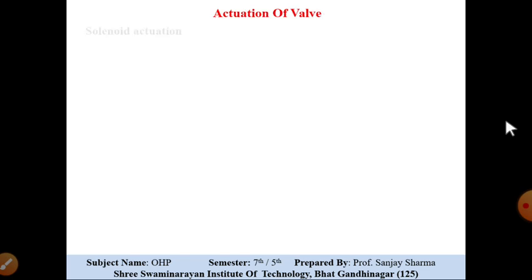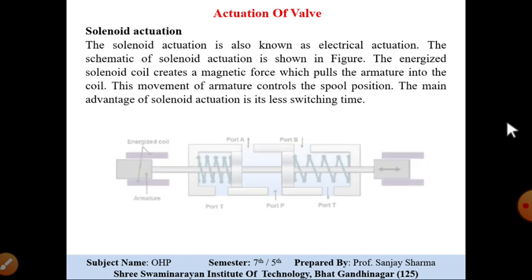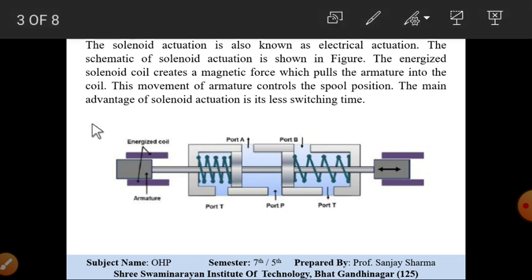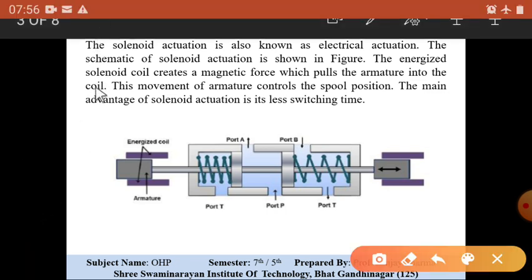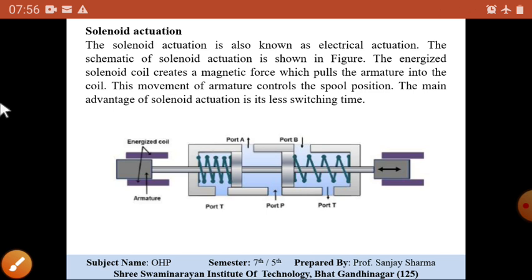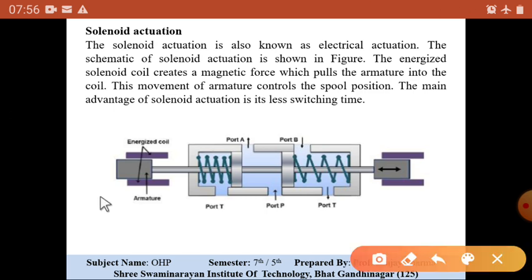Now let us see what is solenoid actuation. Before we move to the solenoid actuation, let us understand what we mean by the solenoid. You are all familiar with the word solenoid.